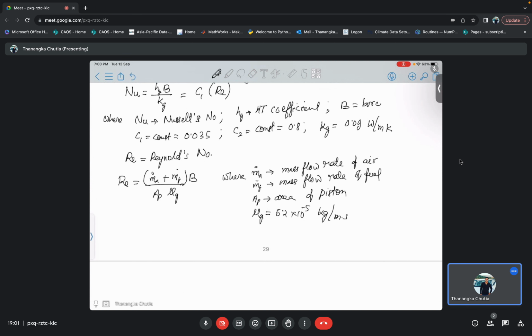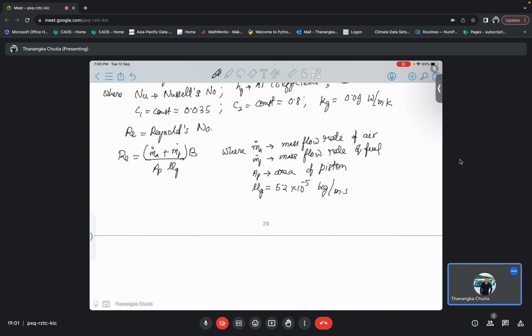First of all we will calculate B. Displacement volume VD is pi by 4 into B square into S, and VD is also 3 by 5 liter, that is 0.6 liter.